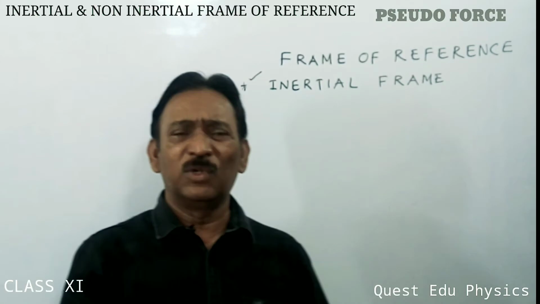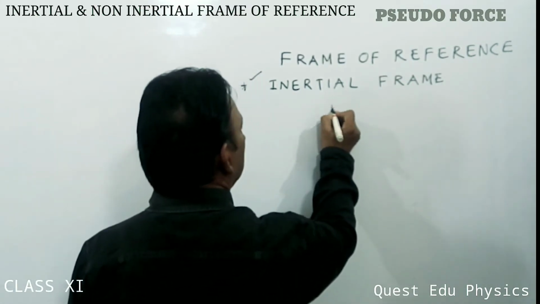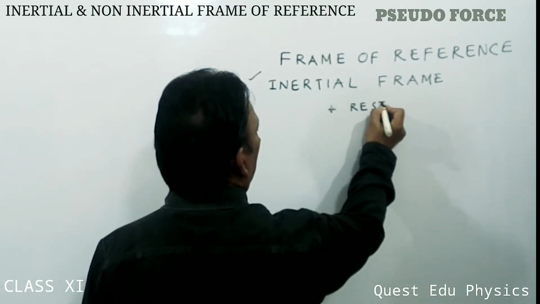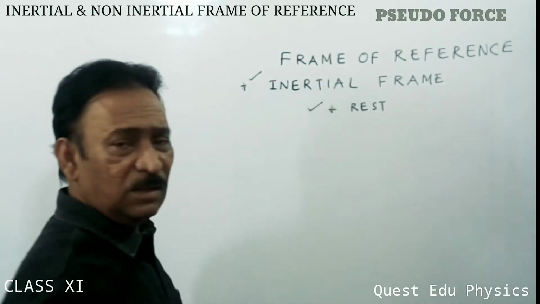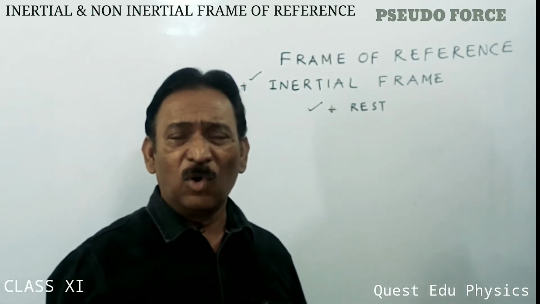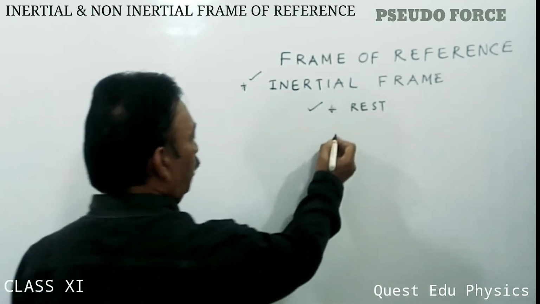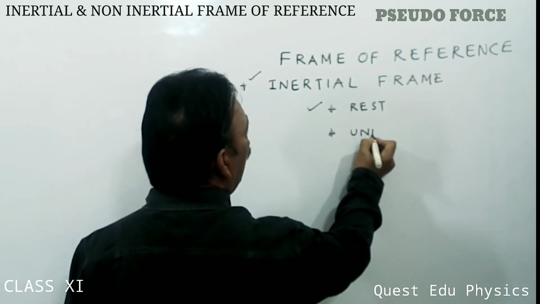A simple answer, students. Any frame of reference which is at rest, we call it the inertial frame of reference, or the frame of reference which has uniform motion.